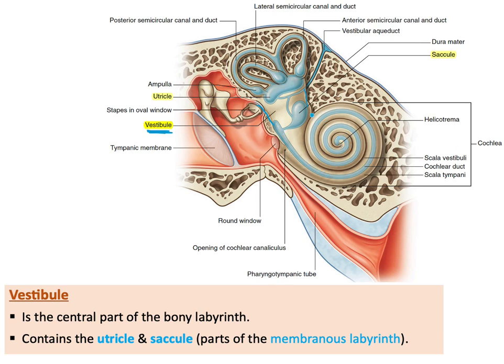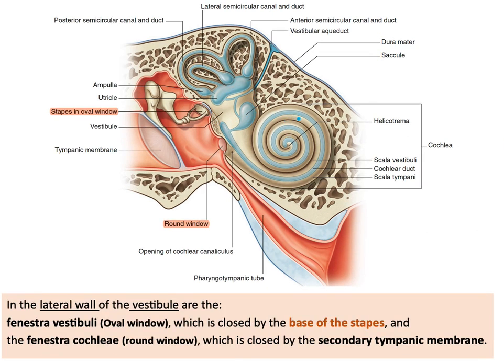We finished it. Now let us jump to the vestibule. Inside the vestibule, there is a membranous part, which is the saccule and utricle. They are part of the membranous labyrinth. You see these sacs filled with endolymph, right?